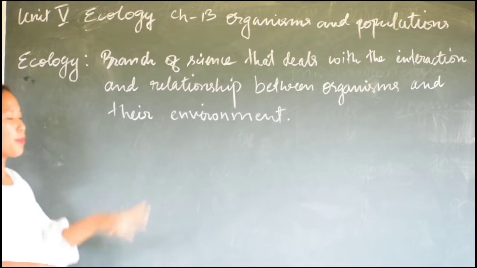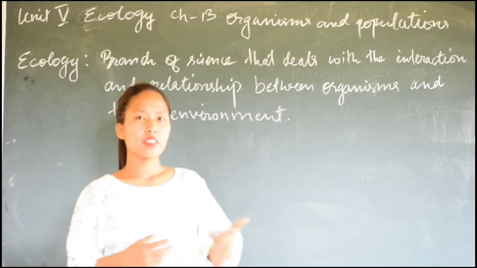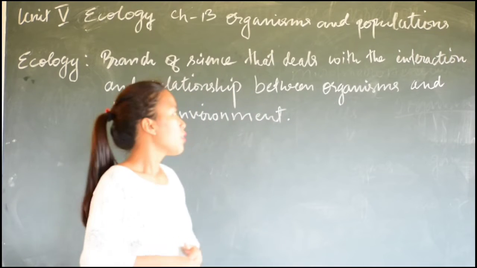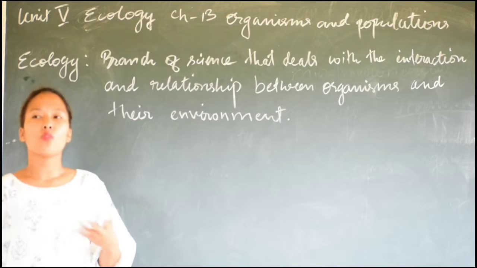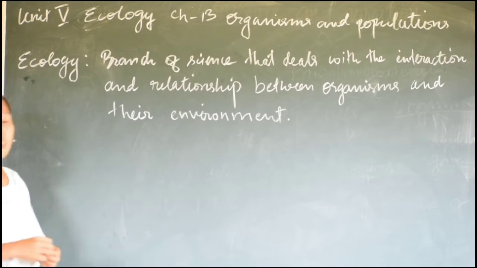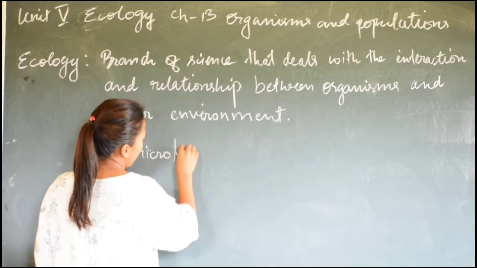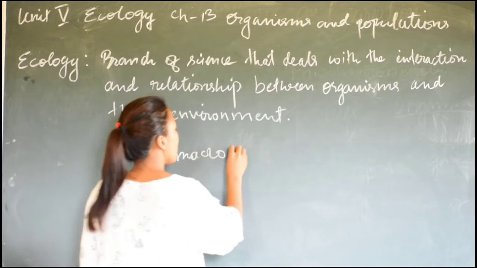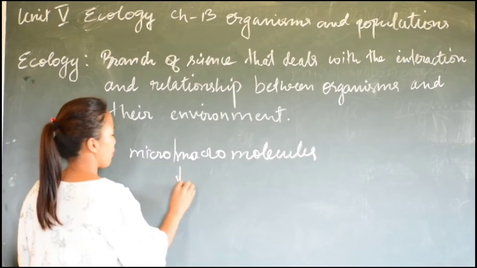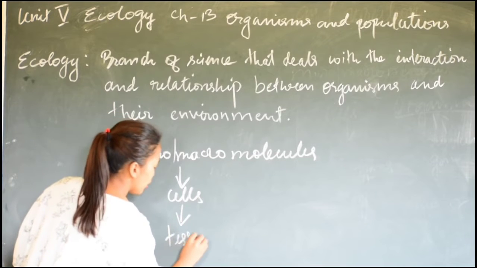Now, to understand all the 4 chapters, we have to know the levels of organization. In our earlier classes, we have learned about cells, tissues, and organ systems. When we're talking about this, we are talking about the lower levels of organization. The levels of organization start from macromolecules. When these molecules aggregate together, they form cells, and cells aggregate to form tissues.